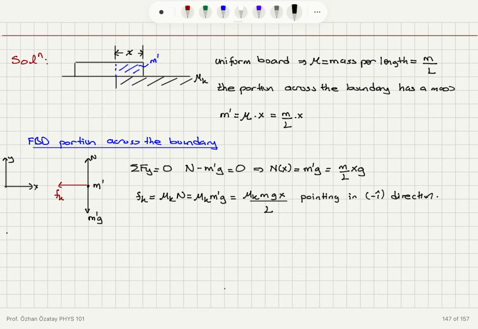So what is the net force acting on the x-axis? It is minus Fk, which is equal to mass times acceleration.